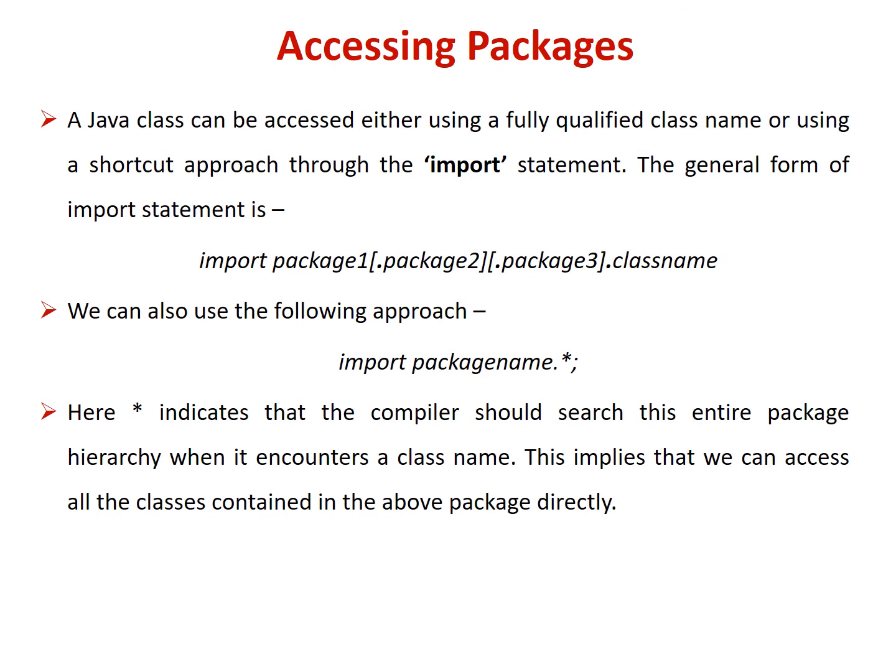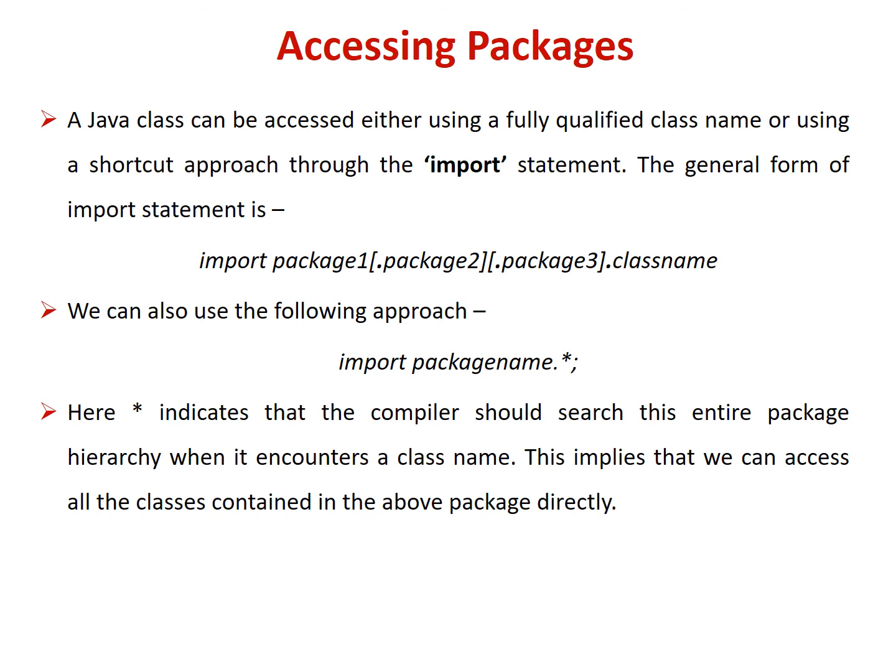Accessing packages. A Java class can be accessed either by using a fully qualified class name or using a shortcut approach through the import statement. The general form of import statement is import, then the list of packages separated by dots, and at the end the class name.